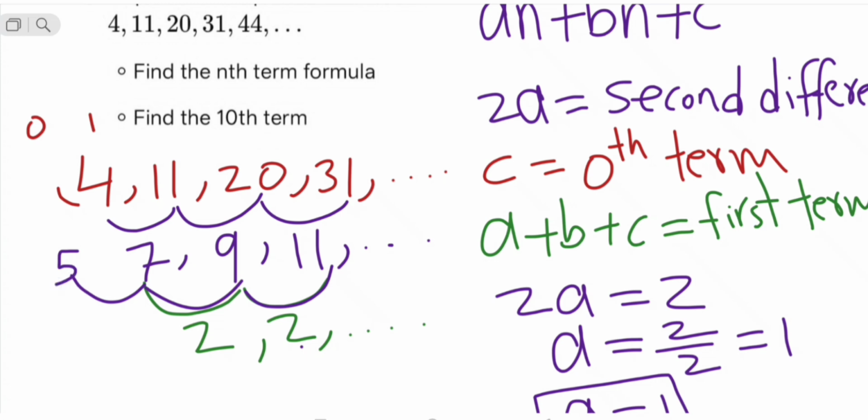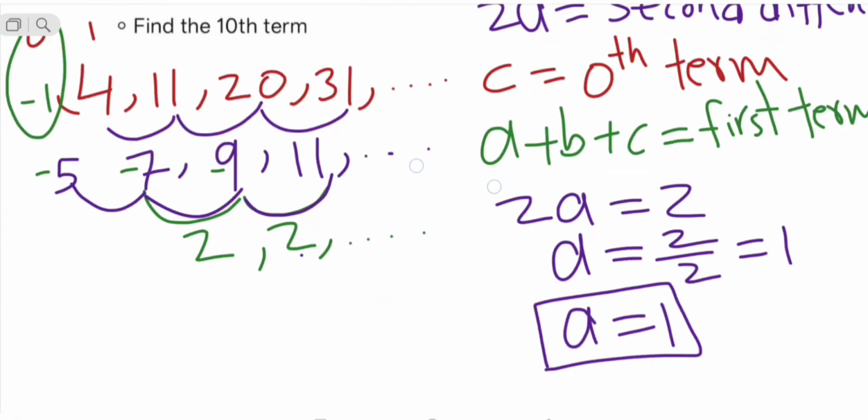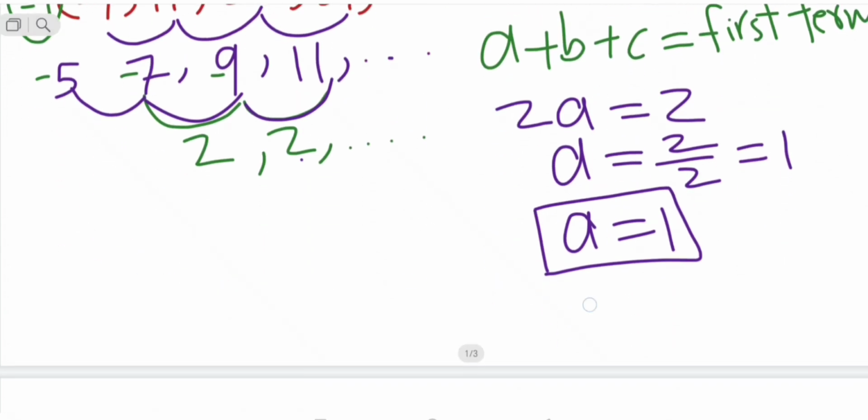Now 20 minus 9 equals 11. 11 minus 7 equals 4. 4 minus 5 equals minus 1. So the zeroth term is what? Minus 1. c equals minus 1. I hope it is clear.